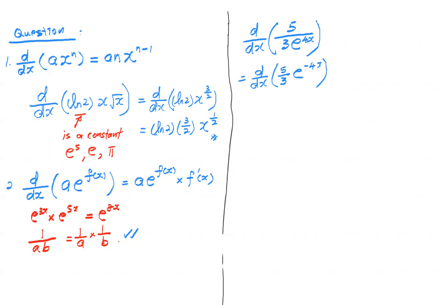So copy down the whole thing, times by the rate of change of the power, so the answer will be negative 20 over 3e to the power of 4x. Done. So that is exponential. Okay, now the next one.